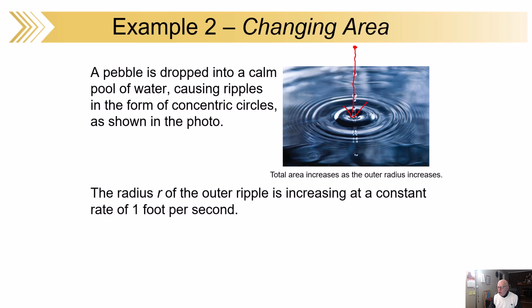We also know that the radius is increasing. That's the distance from here to one of the ripples, increasing at 1 foot per second. What does that mean? Well, you have to get used to this. dr/dt is 1 foot per second.